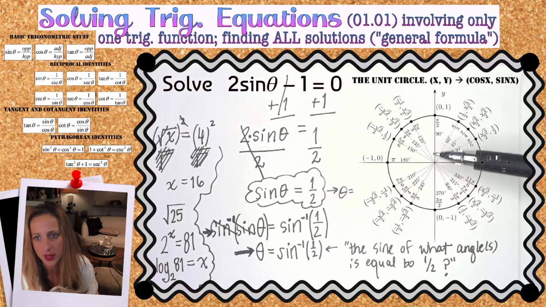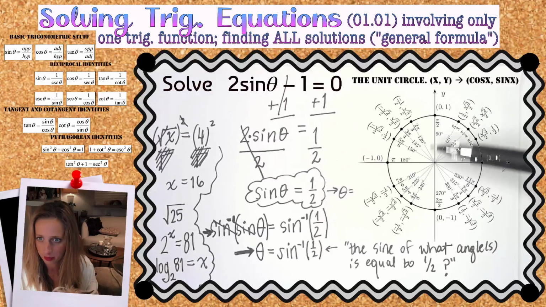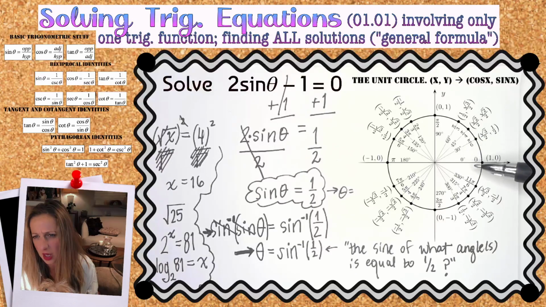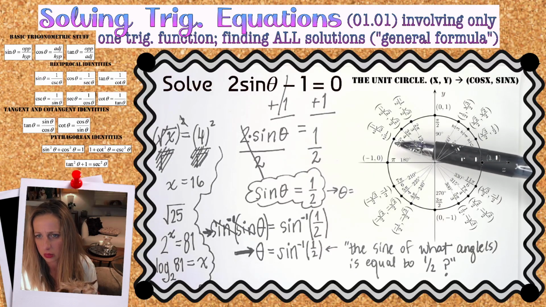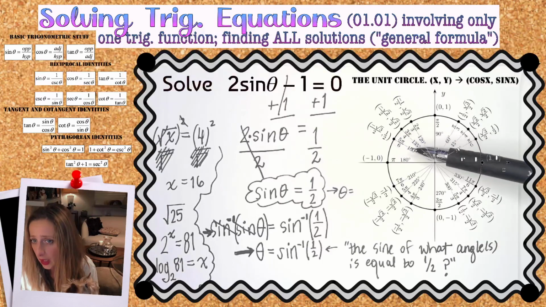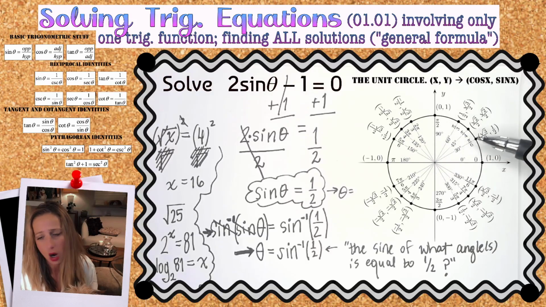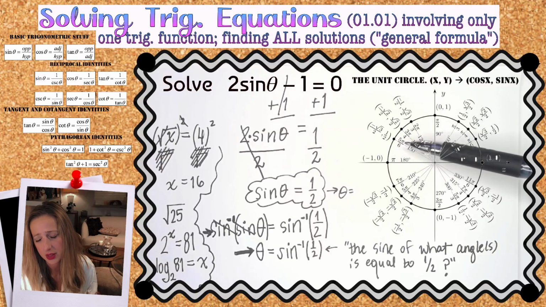Well, the y value is positive going up from the origin, or in this case, up from the x-axis. So up 1/2 is up just that little bit right there. Where else is it up just a little bit? Right here. What angles correspond to those scenarios? The angles that correspond are pi over 6 and 5 pi over 6.